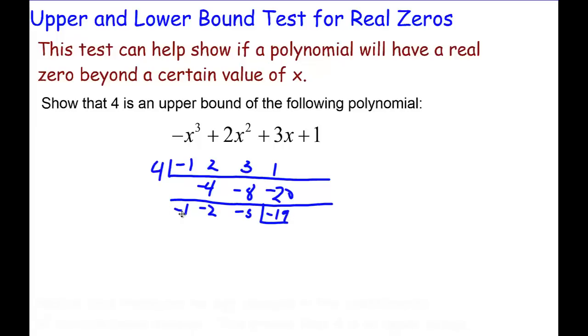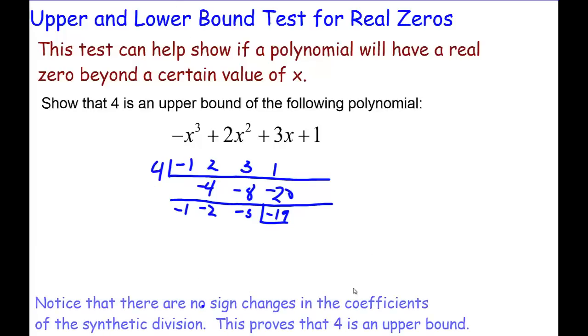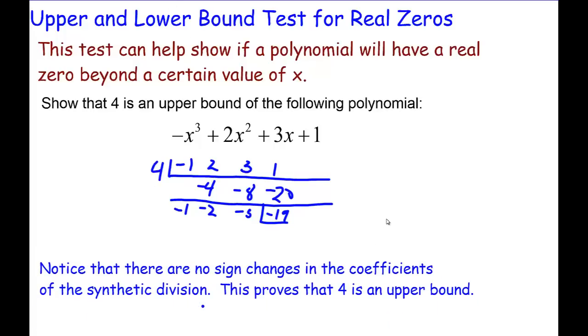Now I want you to notice something here. Notice how every single coefficient of the quotient and the remainder have all the same sign. There are no sign changes in the coefficients, and this proves that 4 is an upper bound.